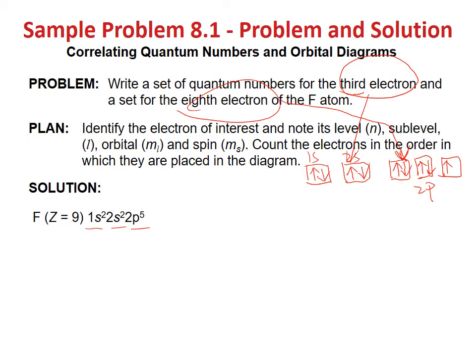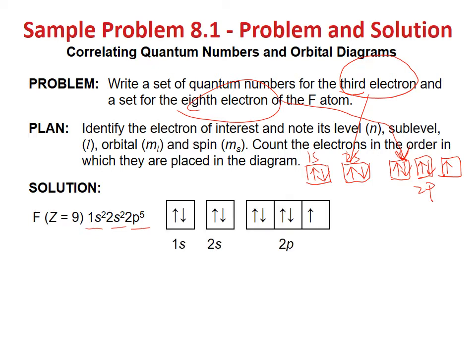So now let's answer the question. Again, here is the orbital diagram, and the third one is right here, this orbital, and it asks about the quantum numbers. Because it's a 2s orbital, the principal quantum number is 2, and s means l equals 0. When l equals 0, m has to be 0, so only one orientation.